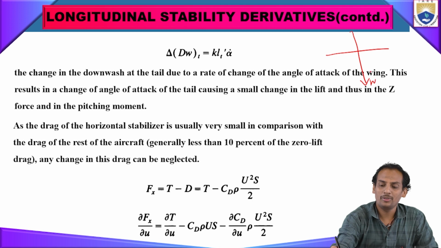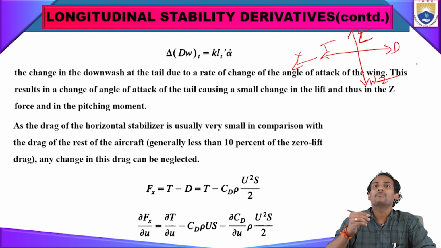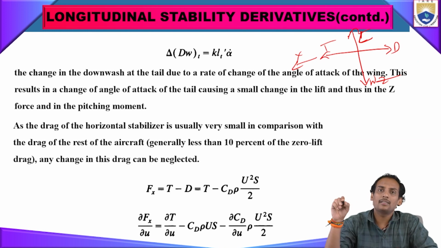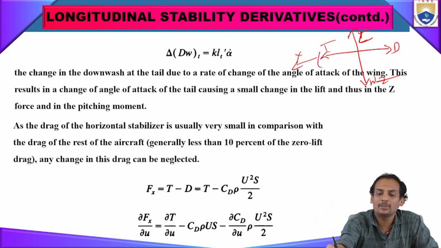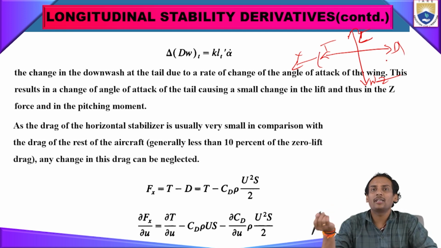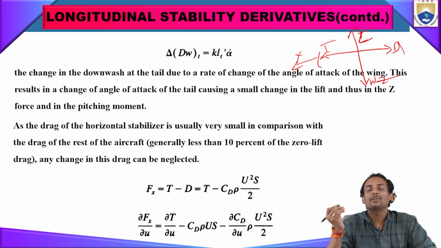So this will be W, this T, this L, and this D and this T. This is in the x direction and this is in the z direction. In the linear direction, that is called Fx. The resultant force will be thrust minus drag, because thrust should always be greater than drag; only then will the aircraft move forward.